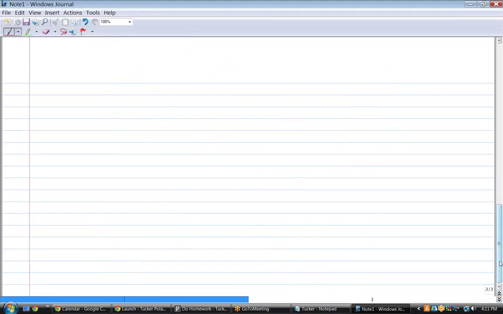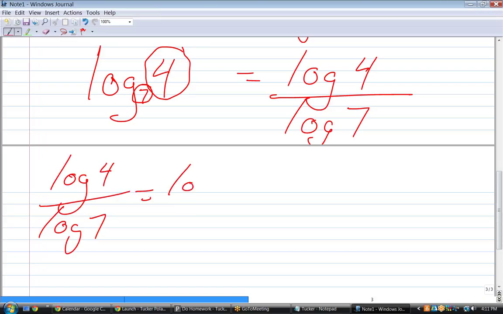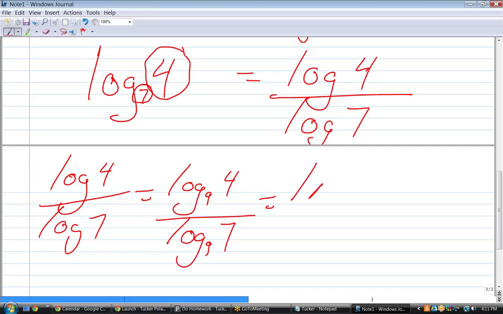These ratios, in other words, this is a true statement. All of these ratios are the same.